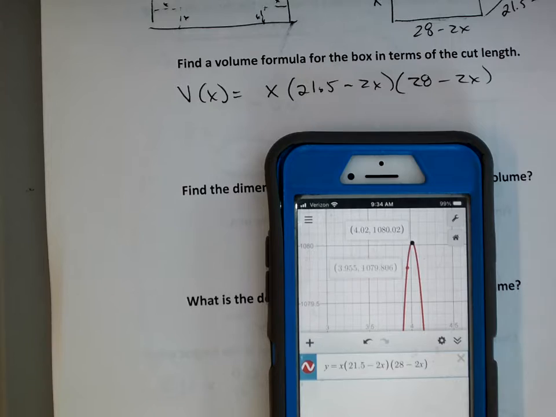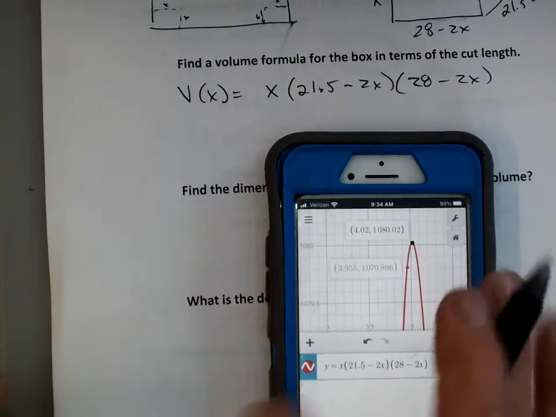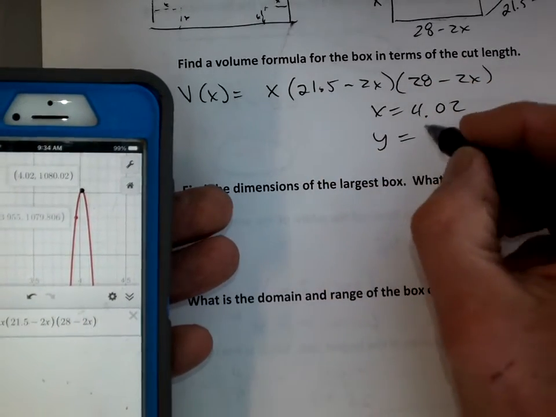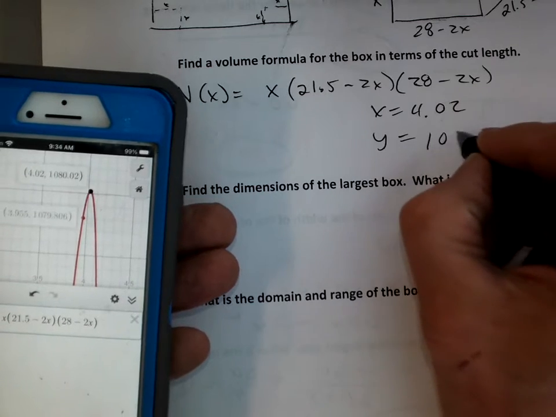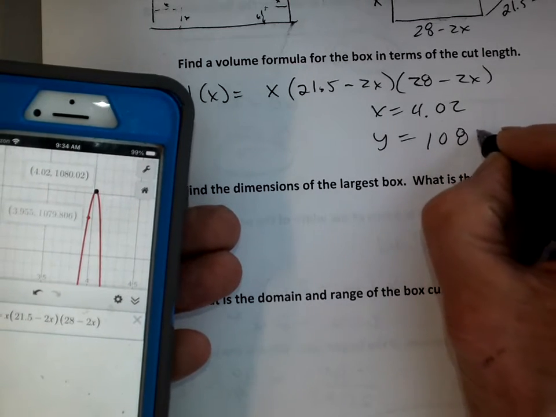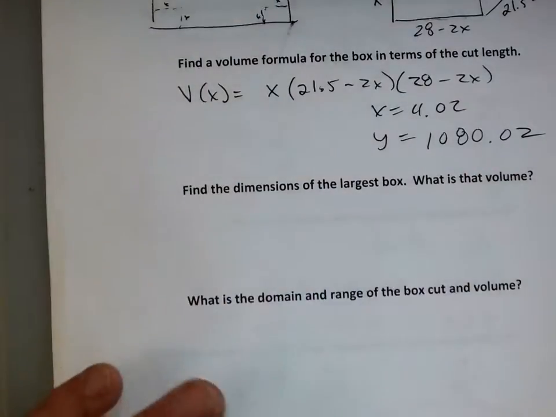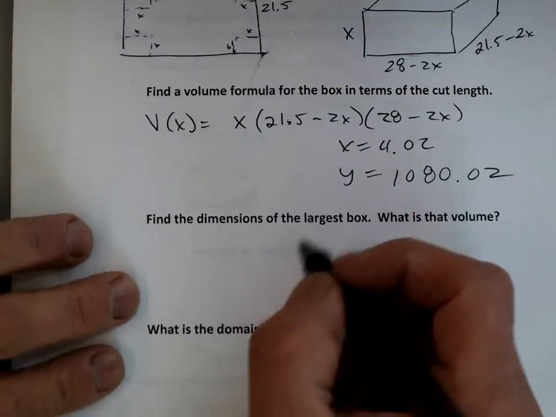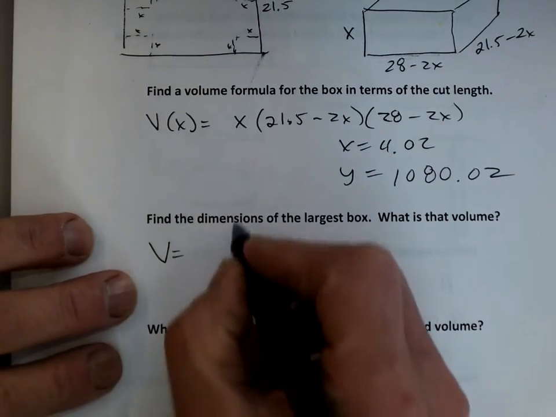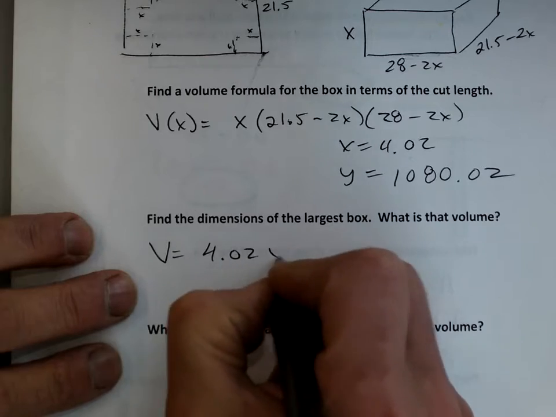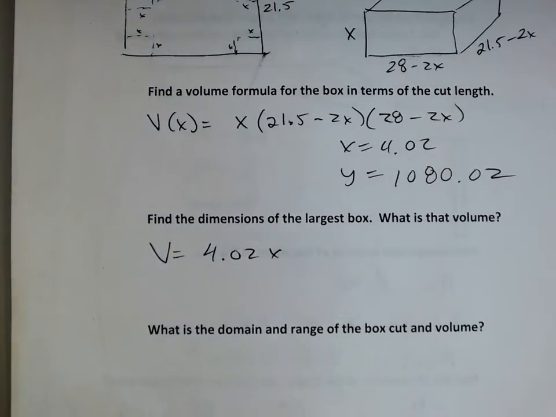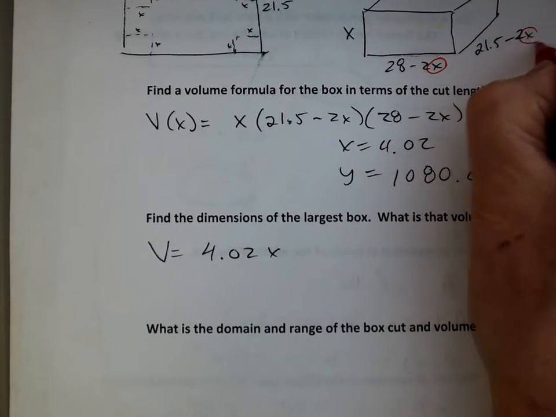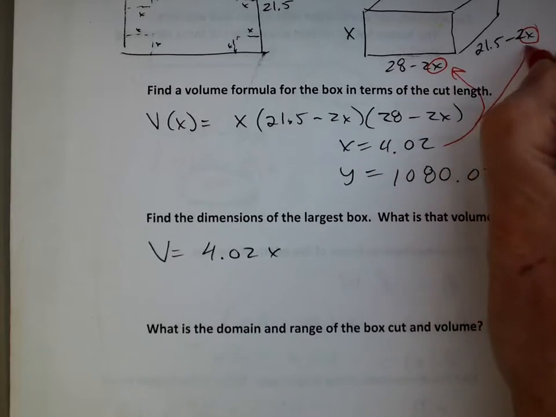So 4.02. Okay, so here's what I know. My x value is 4.02. My y value is 1080.02. So the dimensions for the volume are going to be 4.02 by, well, I'm going to plug my 4.02 into here and into here to get my length and my width, right?